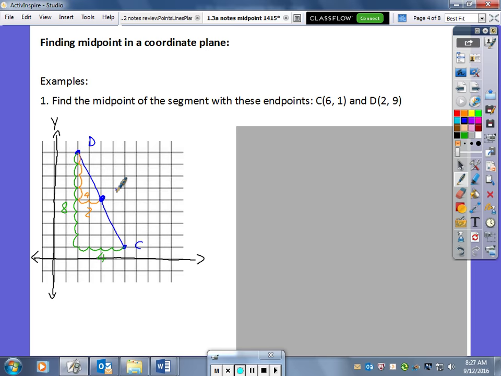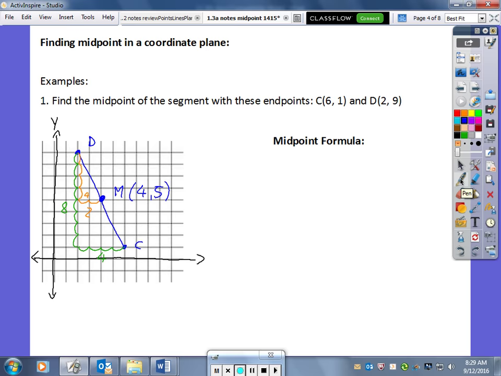But remember, it's not always as easy to count out the points, so therefore we can use the midpoint formula, and the midpoint formula uses the averages, as we have just discussed before. First of all, it's a formula that finds points.